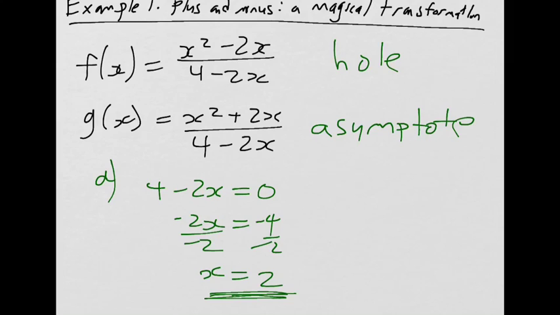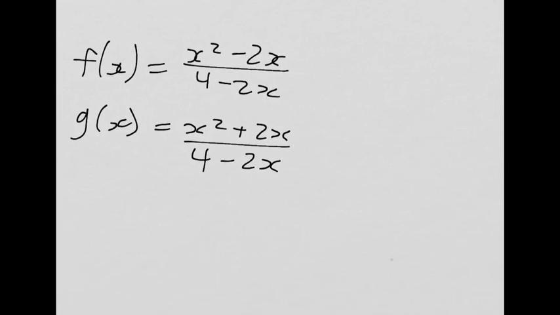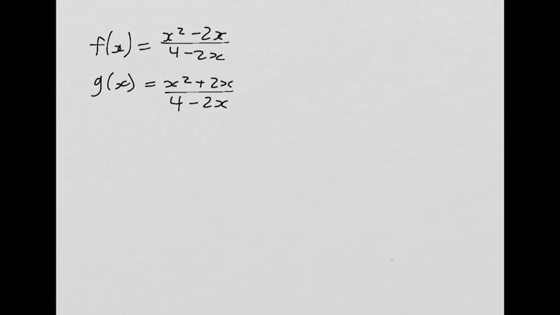This is the difference between a vertical asymptote and the hole, which is called the point of discontinuity. So this is on the next page of your notes. f of x has a point of discontinuity.